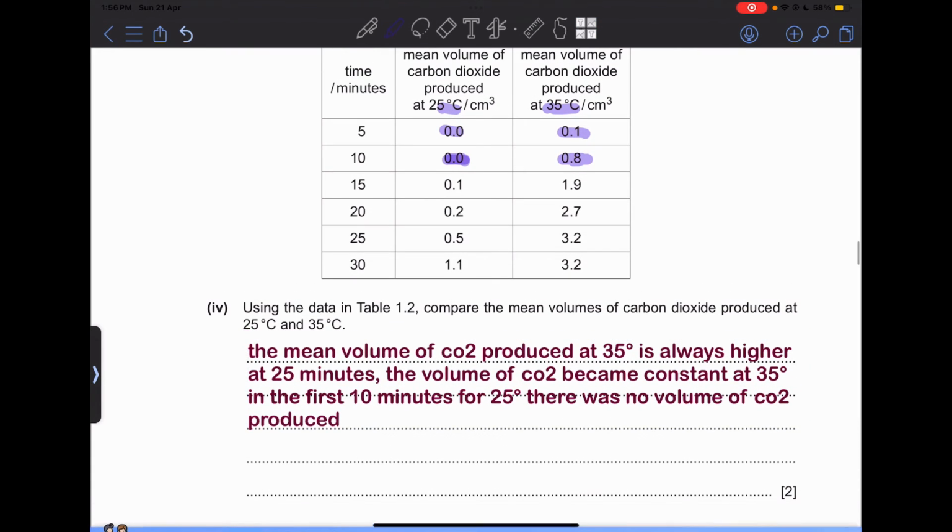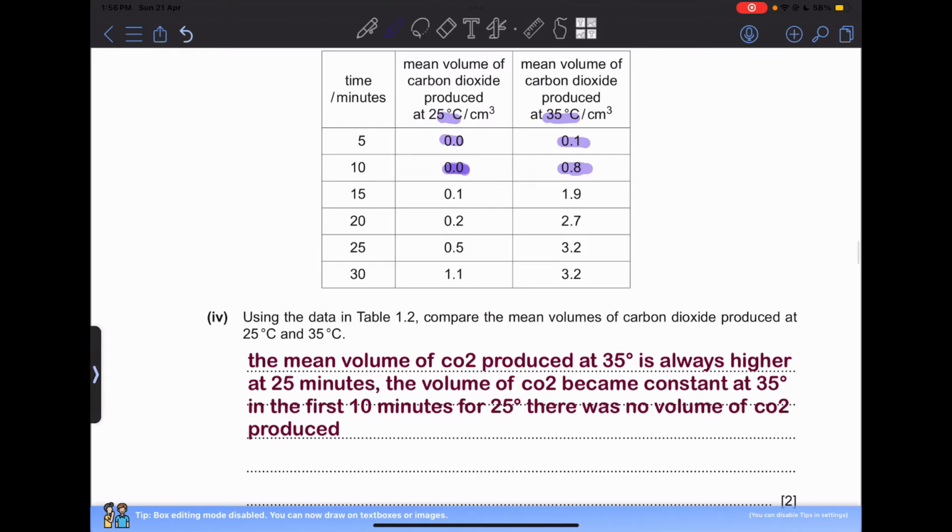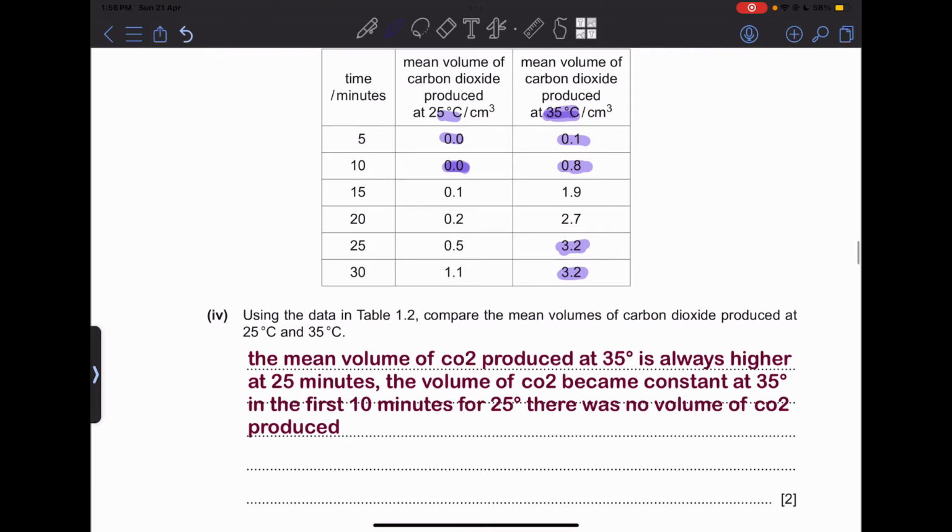At 25 minutes, it started to become constant for the 35 degrees, as we see over here. And the other one started increasing. It didn't become constant at 25 degrees. So this is how you answer this question. You're going to be describing the results and comparing both of them.